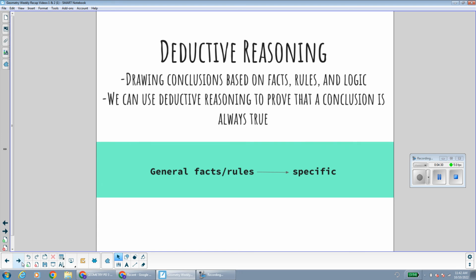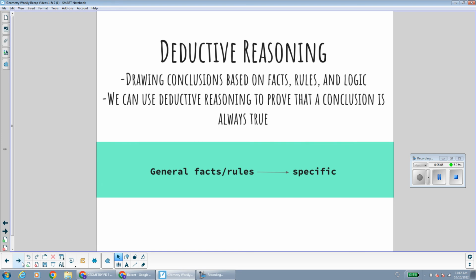We have information that we start with, given true statements, and we use our postulates and theorems to draw conclusions with logic and reasoning. Remember, a postulate is something that we accept without proof, like a rule, and a theorem is something that we can prove, and once we prove it, we know it's true all the time, and we can use that as a fact as well.